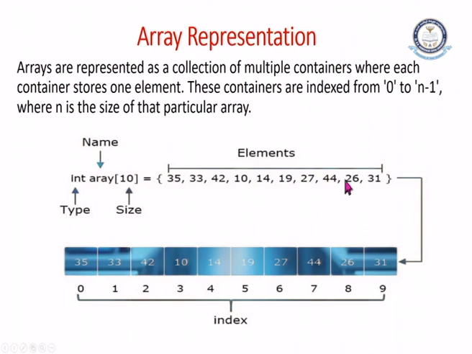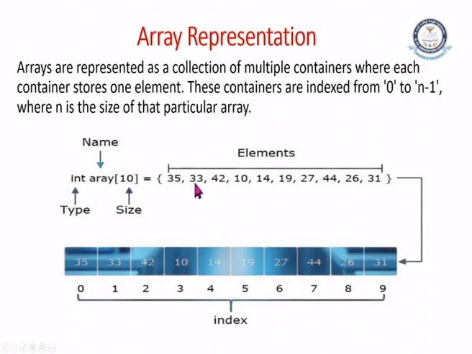Like this you can store character values, string values and decimal values also. Here I am taking integer values, numerical values. So this is the syntax: integer data type, array name and the size. Here 10 means fixed size, so you can store only 10 numbers.